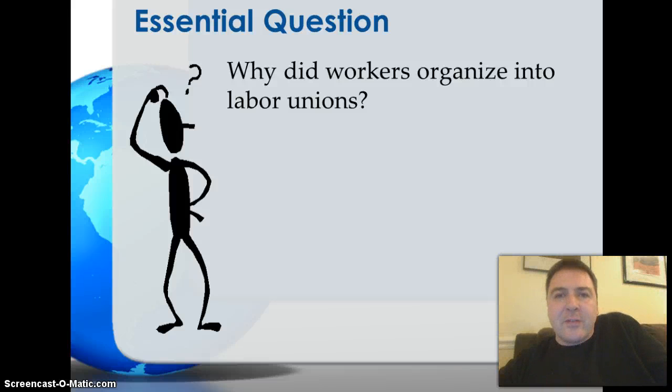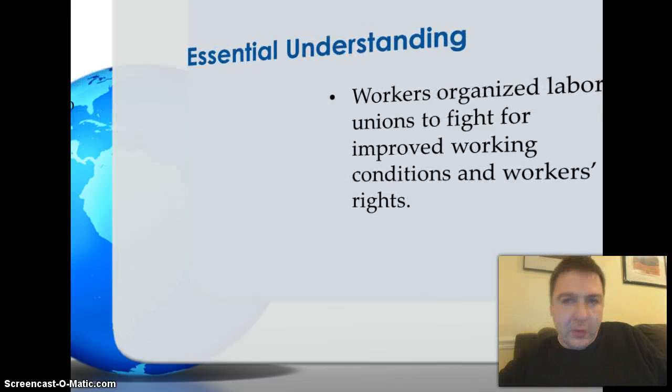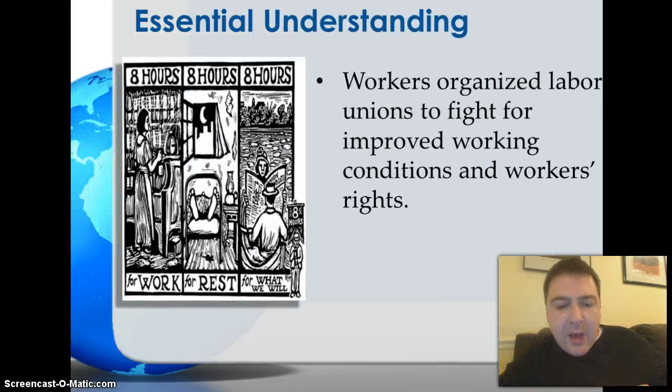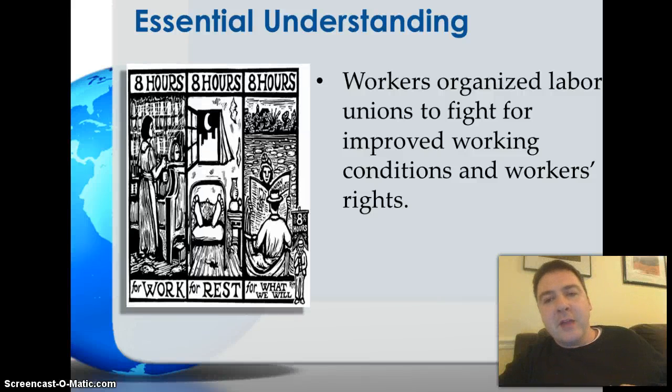And the last essential question we're looking at is, why did workers organize into labor unions? Another social effect was the beginning of labor unions. Workers organized these unions, these groups of workers, to fight for improved working conditions and for workers' rights.